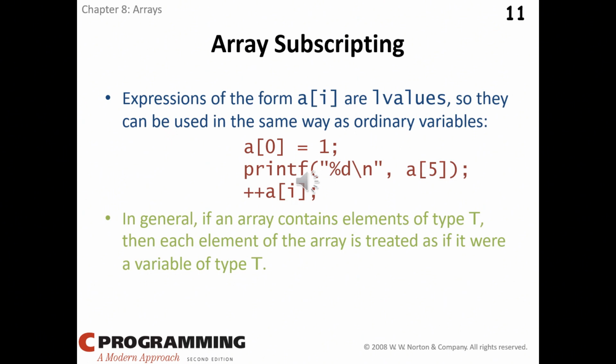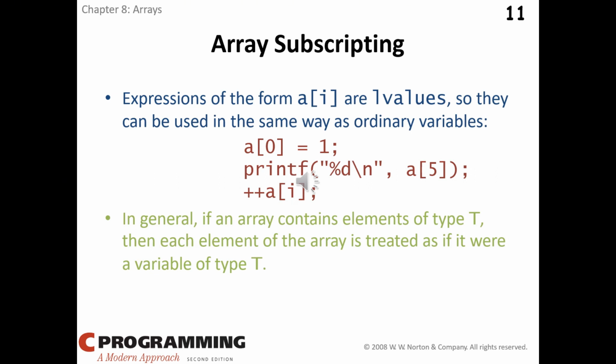So these expressions, by the way, are called lvalues, which is just a fancy way of saying they can be assigned values, just like any regular variables. So for example, we can assign values to array elements just like we'd put different things on our Lego tower. So a[0] = 1 is like saying, hey, put the number 1 into the first piece of our tower.